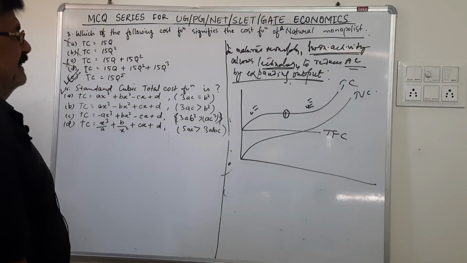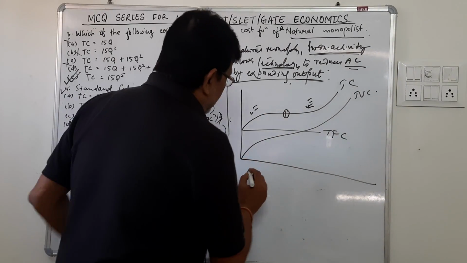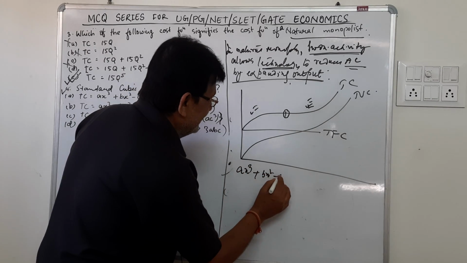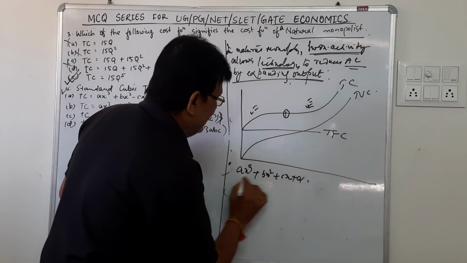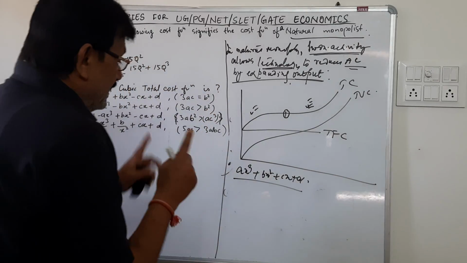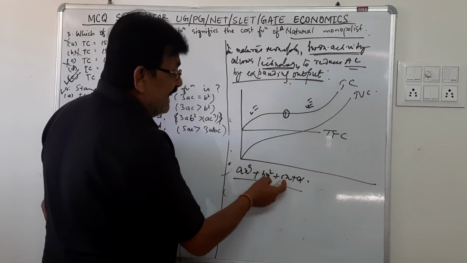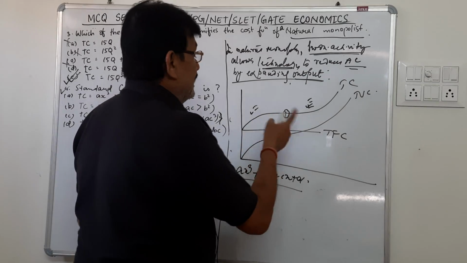All are the cubic functions. So the standard form of a cubic function is ax cube plus bx square plus cx plus d. Now, there must be some particular relationship between these coefficients a, b and c. Only then we can identify which one it is.